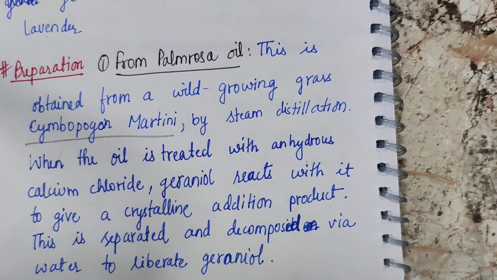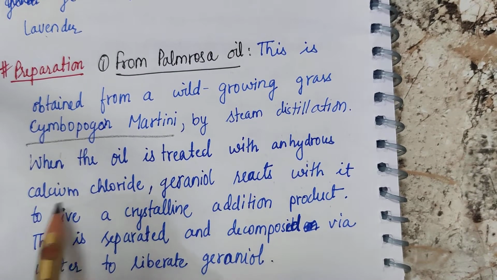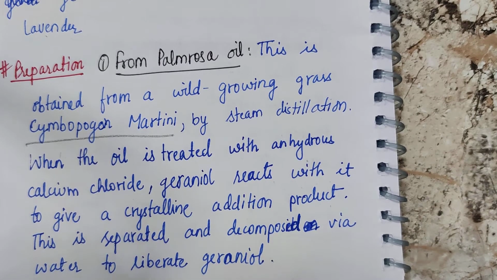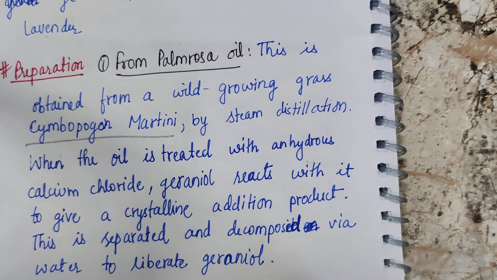oil is extracted and then treated with anhydrous calcium chloride. When it is treated with calcium chloride, geraniol reacts with calcium chloride to form a crystalline addition product. This calcium chloride gets added to the geraniol and it forms crystals, so it can be easily separated out.